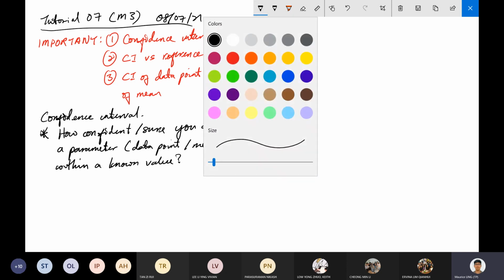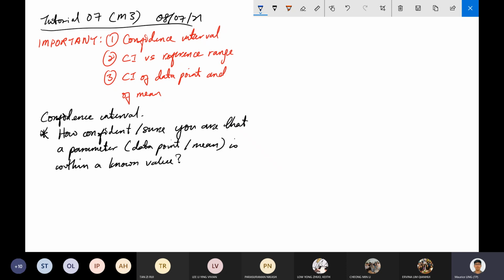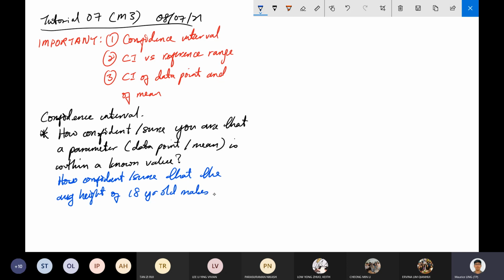Okay, you can even look at it, for example, like this. You can say, how confident or how sure are you that the average height of 18-year-old males is between, let's say, 170 to 175 cm?